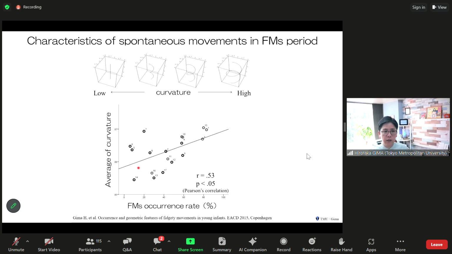In our pilot study of 18 infants, the occurrence rate of fidgety movements during 10 minutes of observation and the value of the average curvature calculated from the limb movement trajectory measured by the 3D motion capture system were significantly correlated.